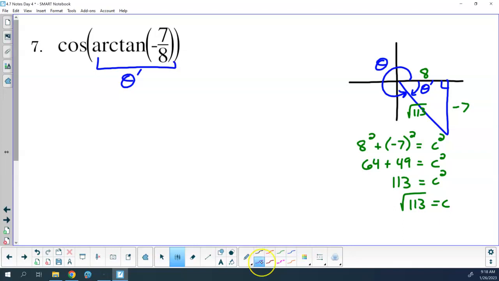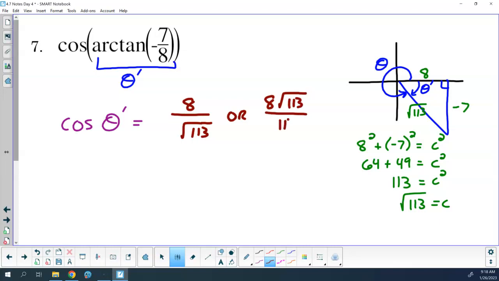So then the cosine of my reference angle would be 8 over the square root of 113. Okay. Good. Good time.